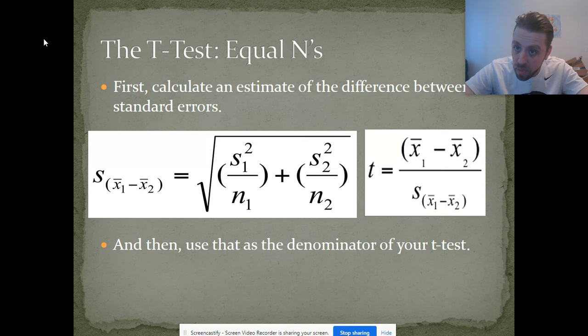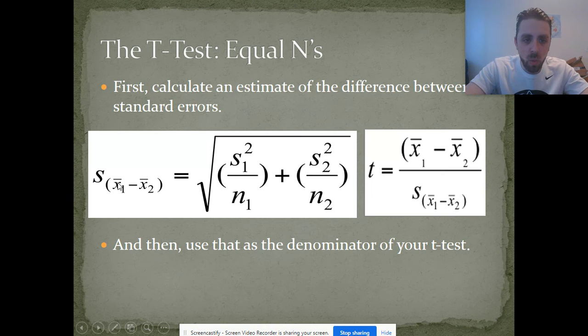So if you're given the standard deviation, make sure you square it to get to the variance, divided by the first sample size, plus the variance of the second sample divided by its sample size. And here, N1 and N2 are understood to be the same number. You do that, take the square root, and that becomes the denominator of the problem here.